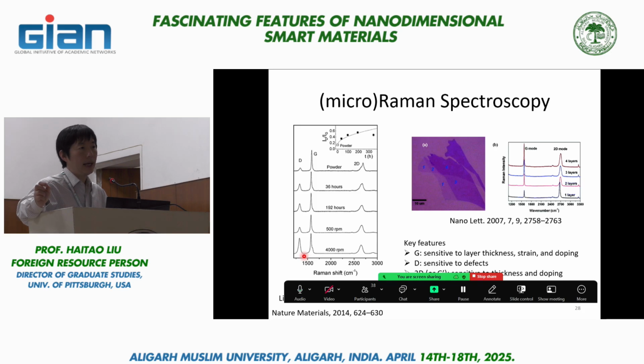This one comes essentially from defects. If you think about the molecular vibration picture, that would be the ring breathing mode. If you think of benzene, there's a ring breathing mode. The ring becomes bigger, smaller, and that vibration has energy around 1350 wave numbers in bulk graphene and graphite.